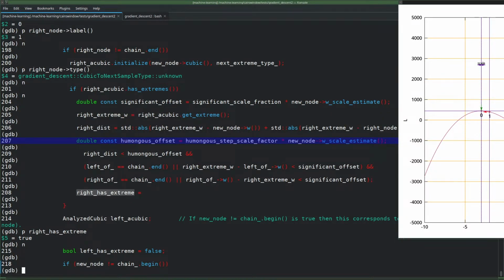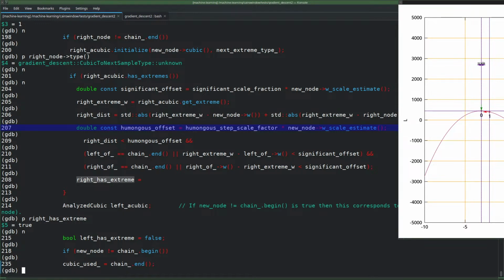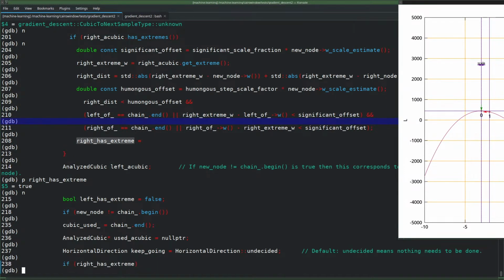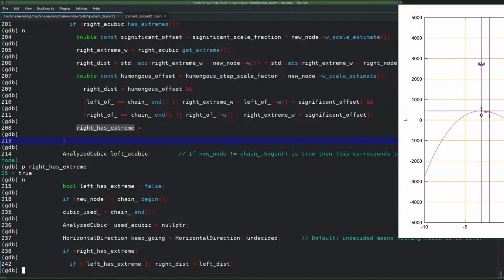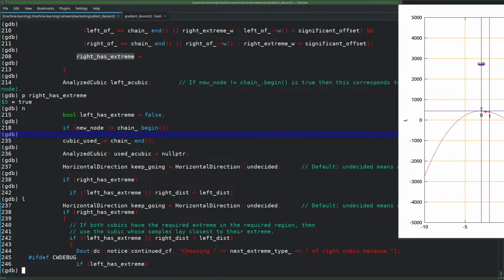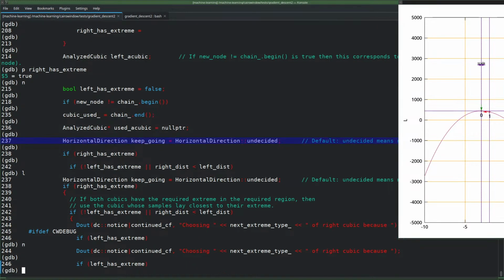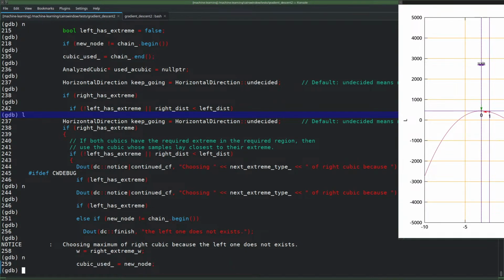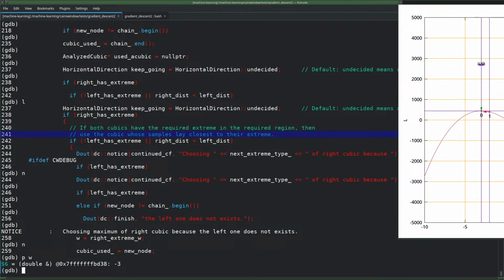No, this should be skipped. It should be -3 again. Cubic use this new node, one looks good.